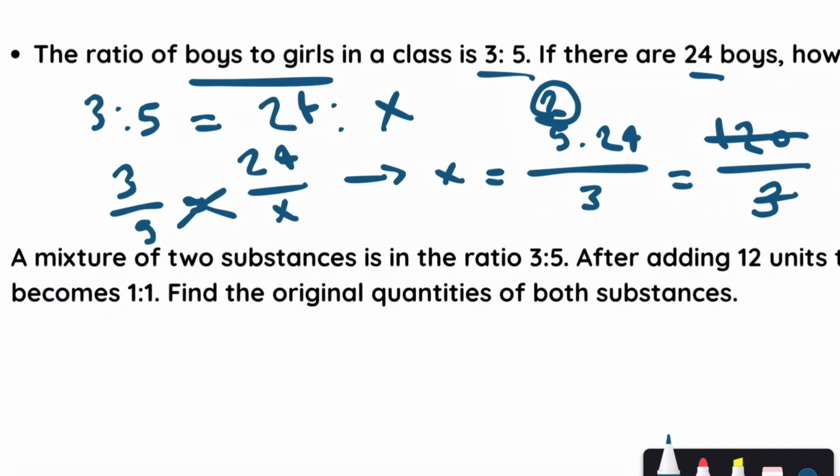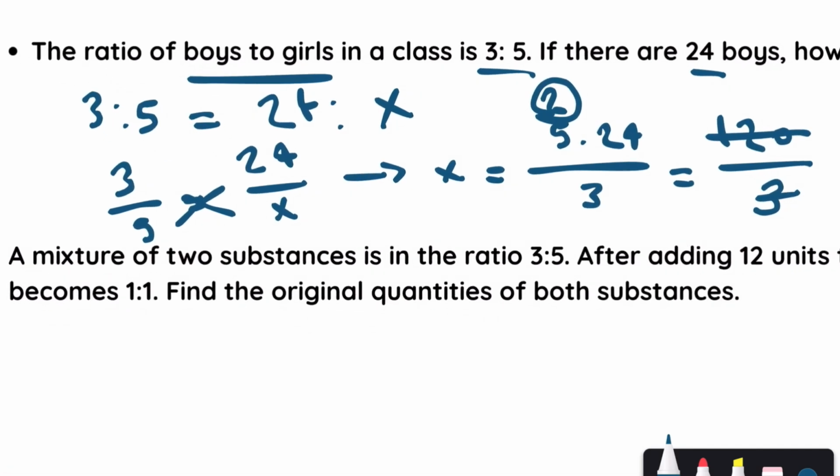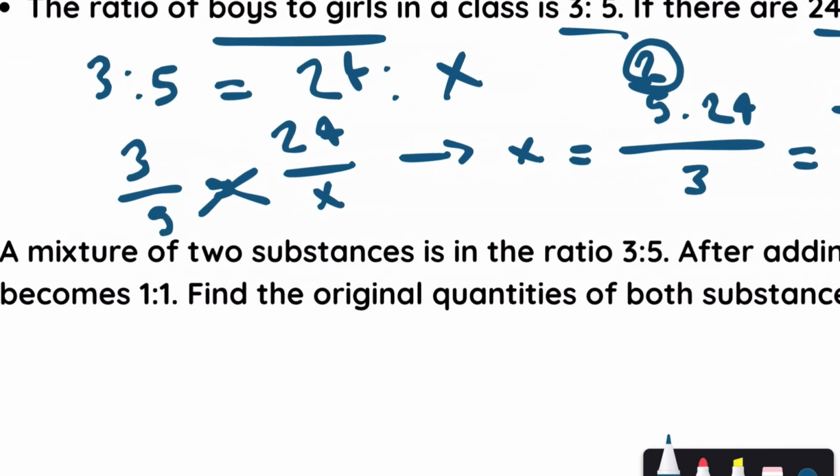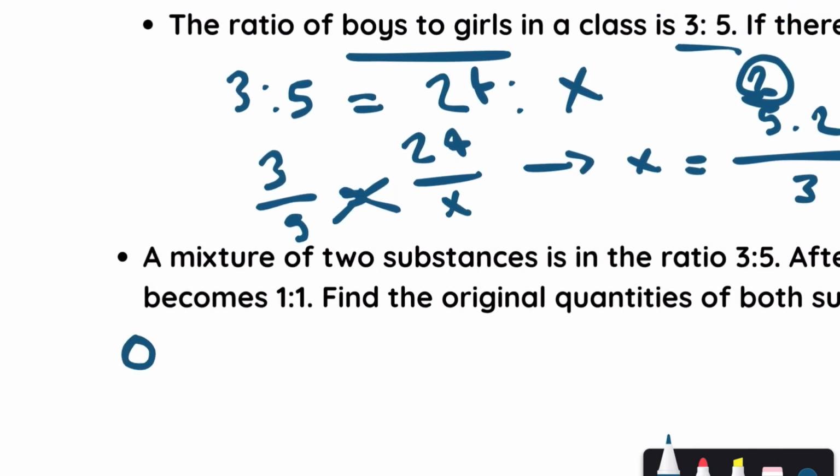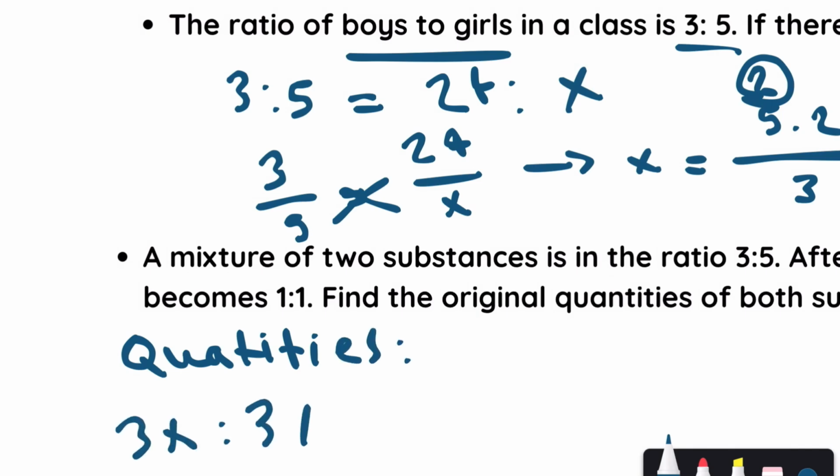We should only focus on finding the original quantities of both substances. How can we do that? For the quantities, I can name them as 3x and 5x, because these are the original quantities.